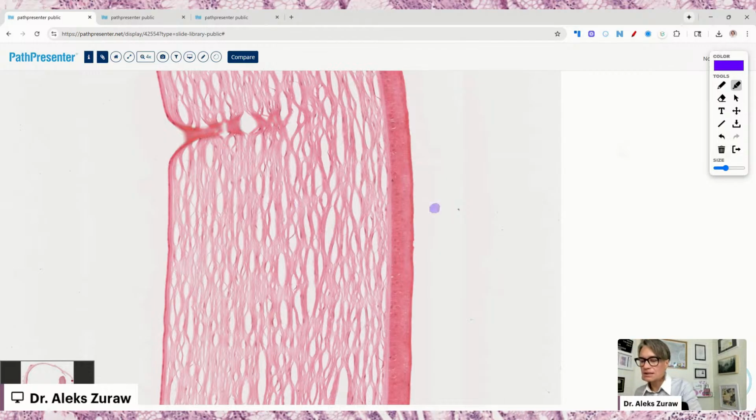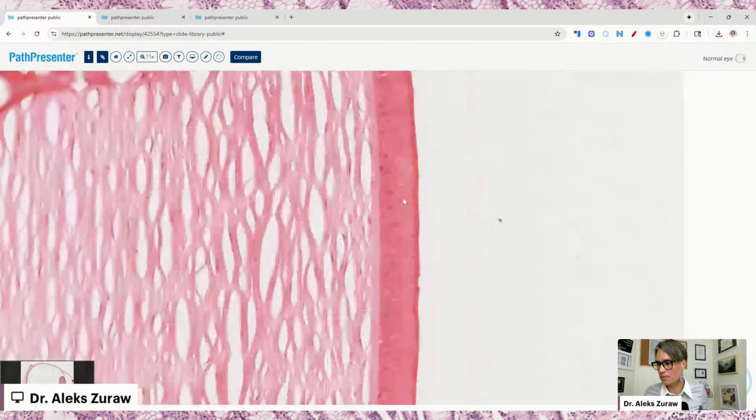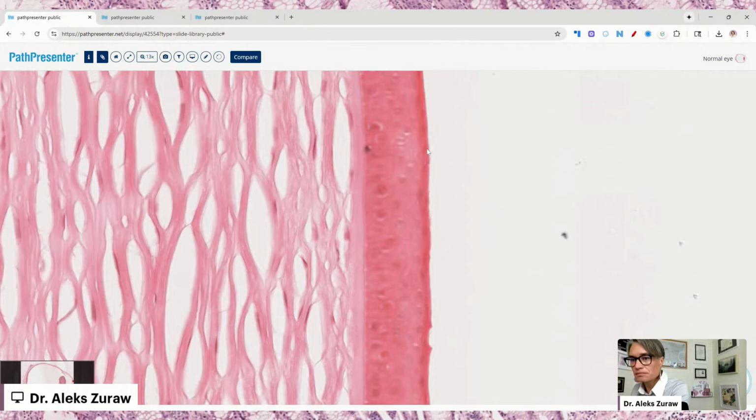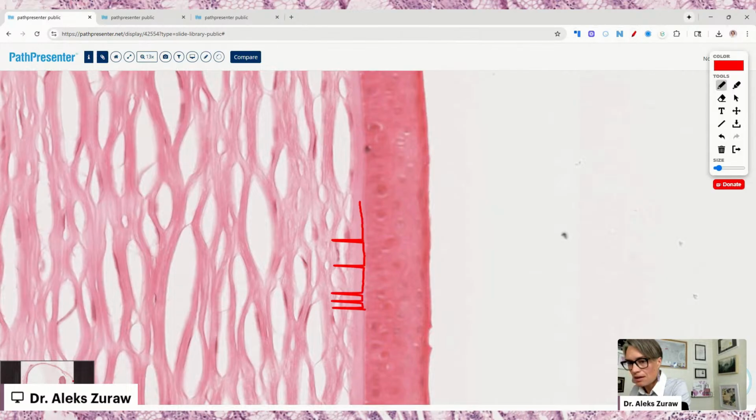So the first dot is near the corneal epithelium, which is also called Bowman's epithelium, and it has a membrane. Here's the membrane. And here is this epithelium.